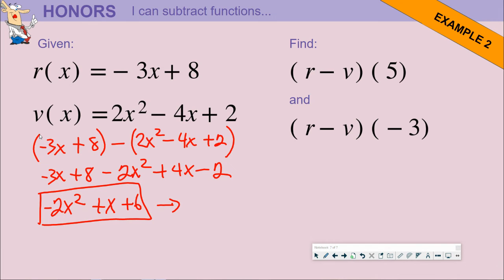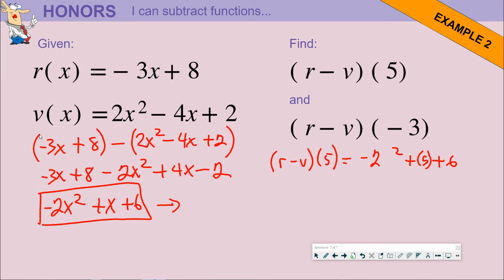Now we'll take this over here, and the first situation is r minus v at 5. So we can now take the combined expression that we have, except instead of x's, we're going to put 5.